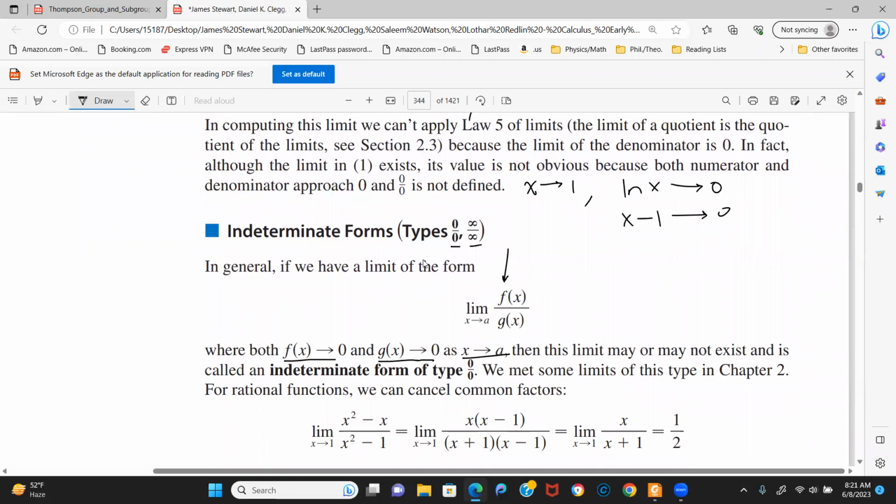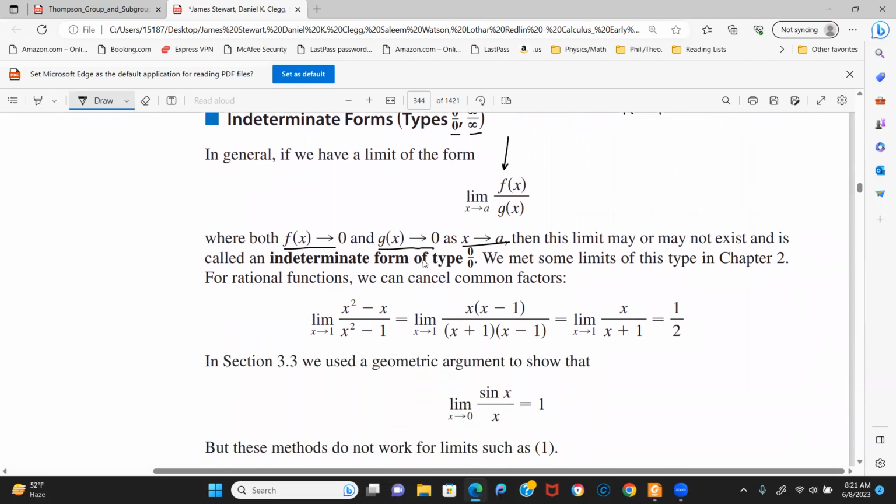Now, sometimes you can get around these indeterminate forms to get a definite answer. So, for example, if we look at this one right here, we get an indeterminate form. As x approaches 1, x squared minus x approaches 0, and x squared minus 1 approaches 0.